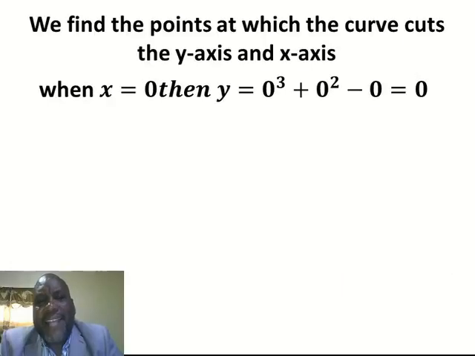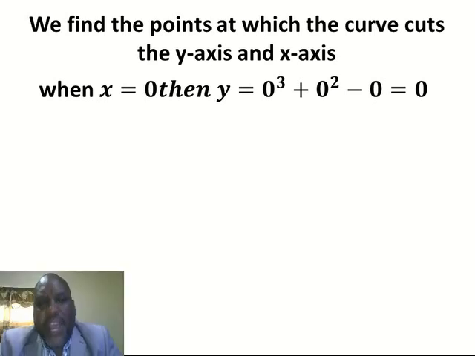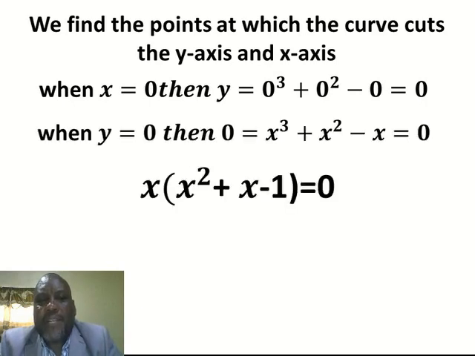We have to find the points at which the curve cuts the y-axis and the x-axis. When x equals 0, y equals 0. Then when y equals 0, after substituting, we get 0 equals x cubed plus x squared minus x.